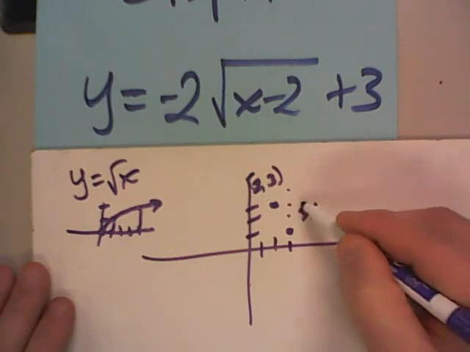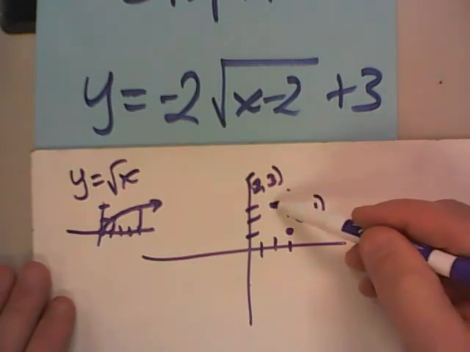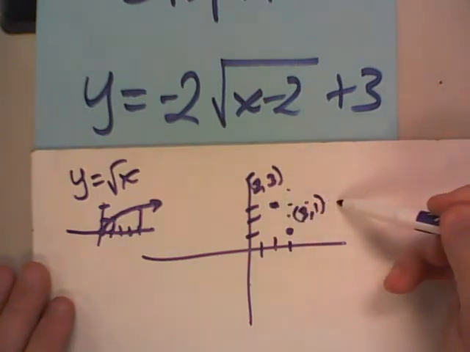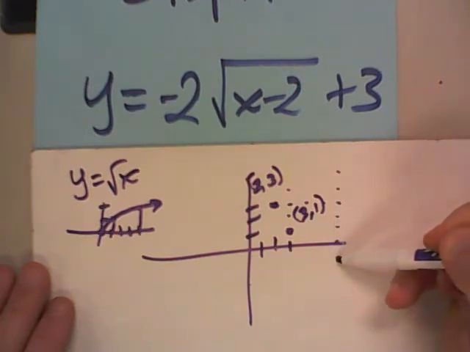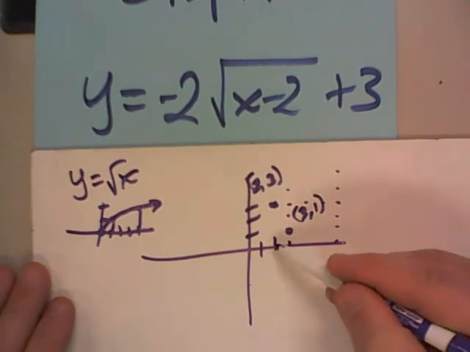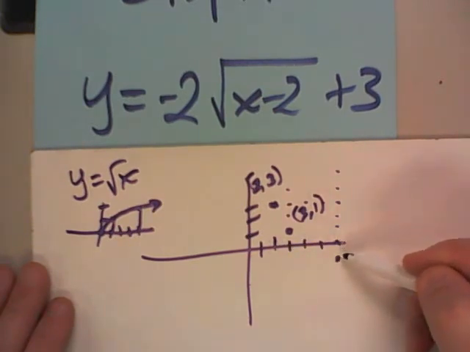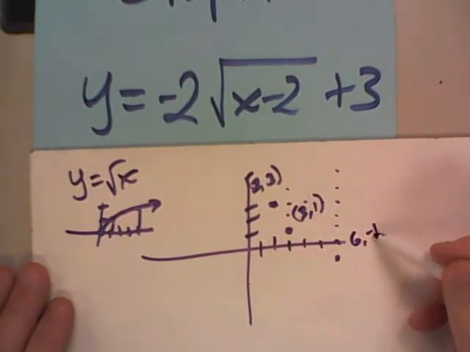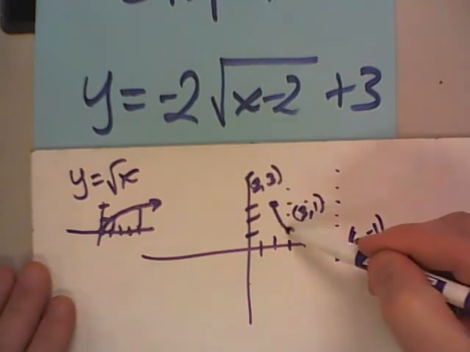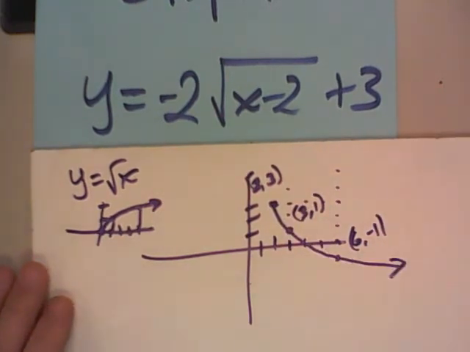So we're going to be at the point 3, 1. We also normally go over 4 and up 2, but now we're going to go over 4 and down 4. So this is the point 6, negative 1. And the half of parabola, or the curve, is going to look something like that.